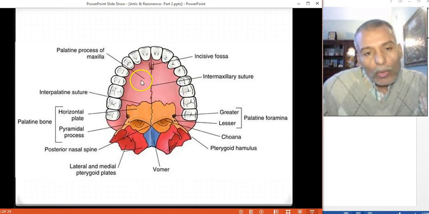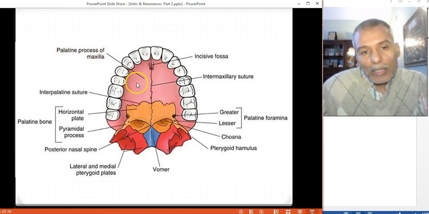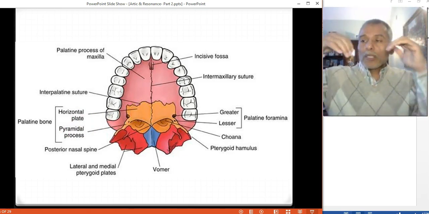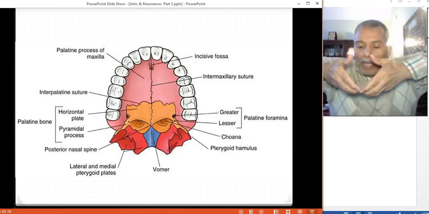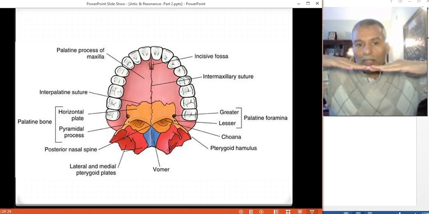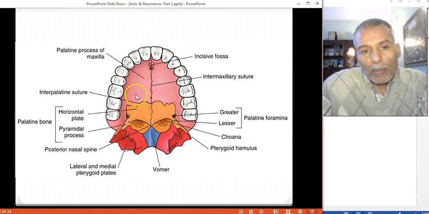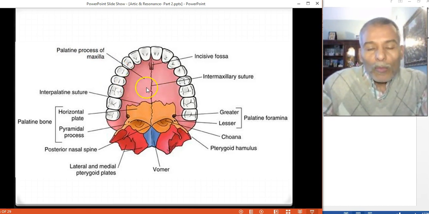Then behind the palatine processes of the maxilla, we have the palatine bone. Part of the palatine bone here is called the horizontal plate of the palatine bone. The palatine bone is bigger than this, of course, but it comes down at some point and makes this kind of structure where it fuses with the palatine processes of the hard palate.